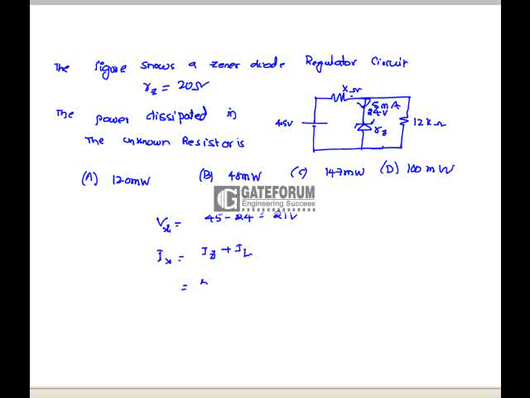So Iz is given as 5 milliamps and IL is 0.5 milliamps, that is 5.5 milliamps. So the power dissipated in the resistor X is Vx × Ix, which is 21 × 5.5 milliwatts, so this is 147 milliwatts. So option C is correct.